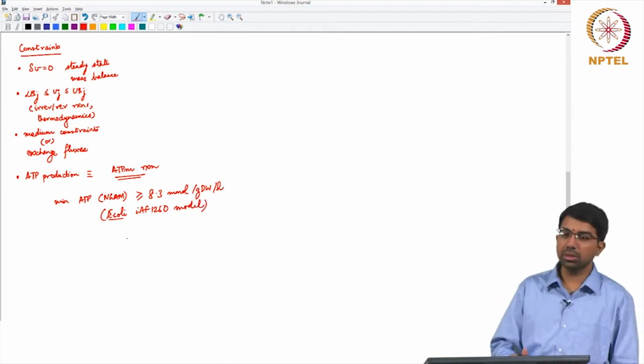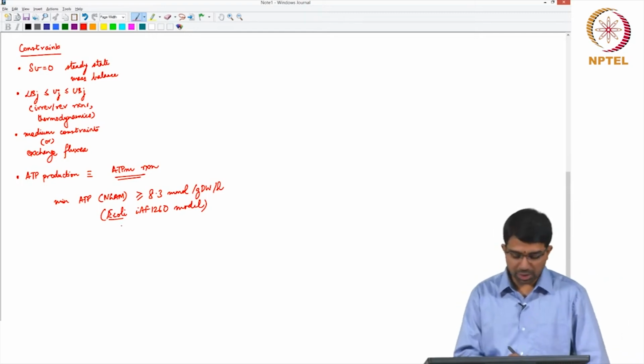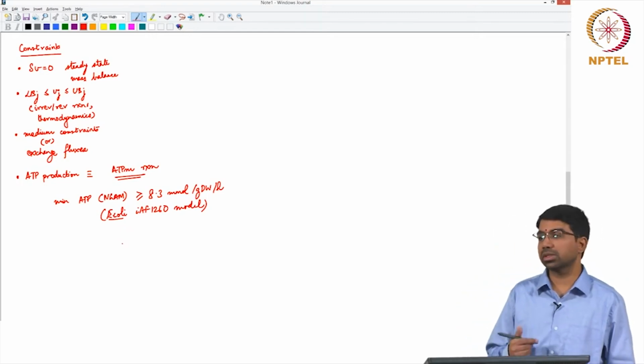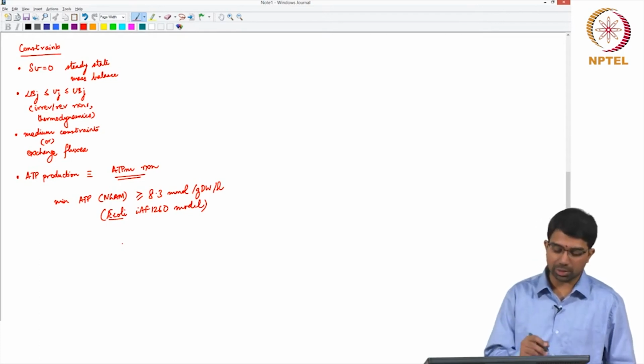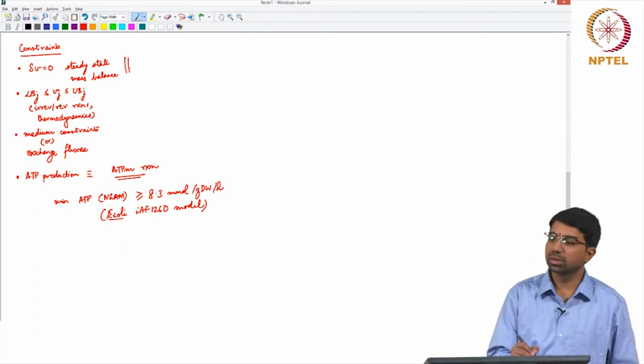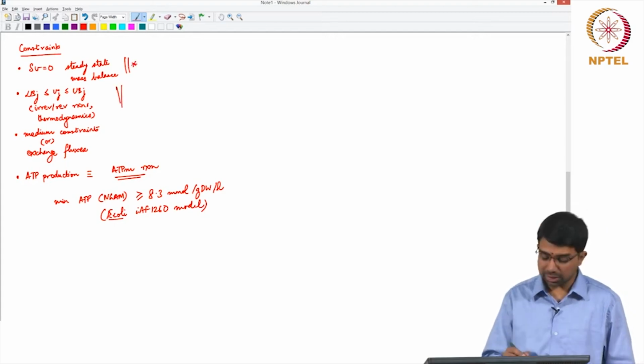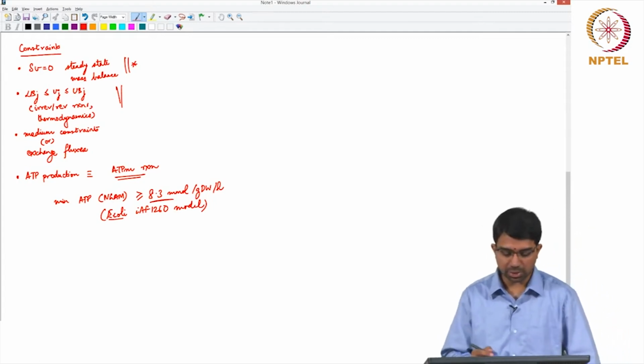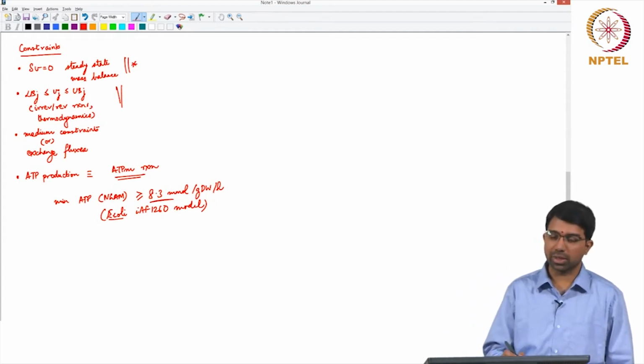What does this mean again? Do you recall? So the cell requires some energy, some ATP over and above what it requires in metabolism. Whatever is there in metabolism is kind of captured in these constraints, right, essentially here. But the cell has some ATP requirement that goes over and above this for survival, and this is called non-growth associated maintenance, and this is pooled into one flux.